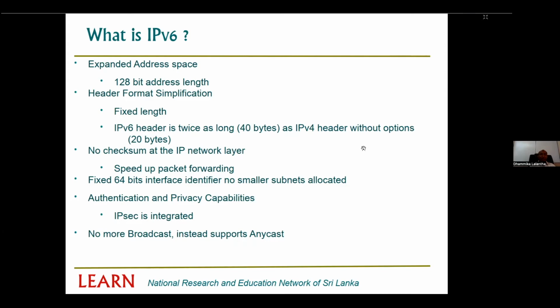It has a fixed length, unlike the IPv4 header, which is variable. The IPv6 header is 40 bytes and fixed in size, while IPv4 has a minimum header size of 20 bytes, and it can vary with the options added. If some header options are added, it can become very large.